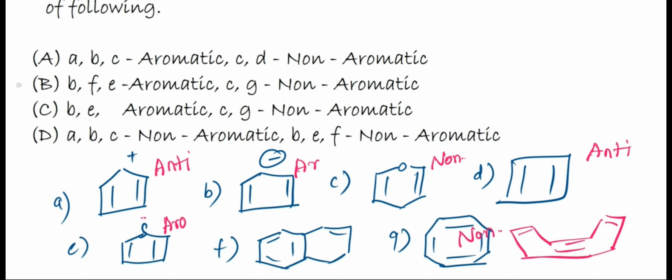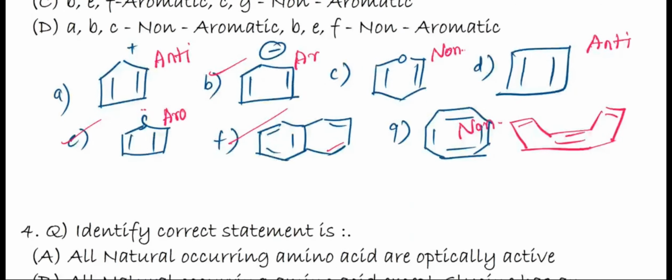C and G are non-aromatic, right? So the remaining are B, E, F, all are aromatic in nature. F is there, so I think they must have given it as a naphthalene only.